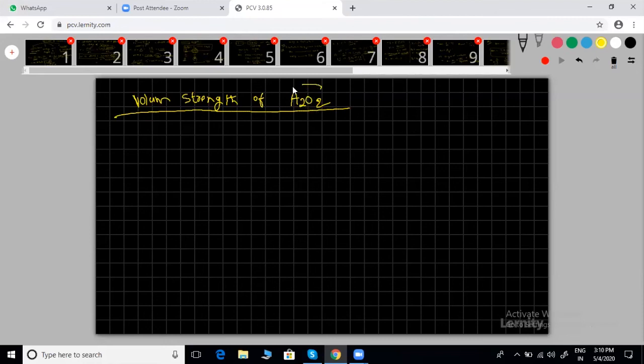But this is a special method, and that's why we are expressing it so. Here we are measuring at STP conditions. H2O2, 2 moles you can take. On dissociation what will you get? 2H2O, liquid, plus O2 gas. But all these things they are measuring at STP conditions. Keep in mind, that too for 1 liter of solution.